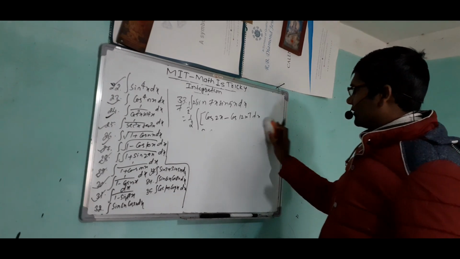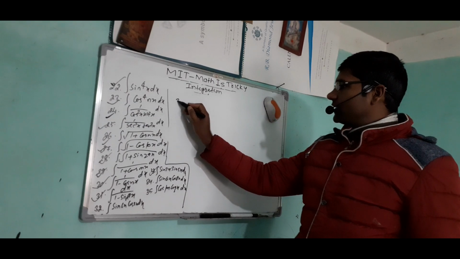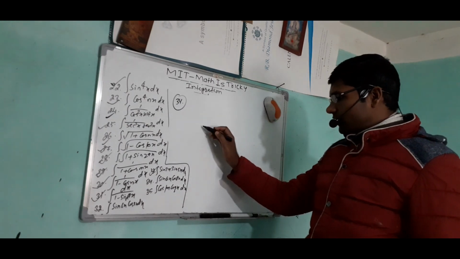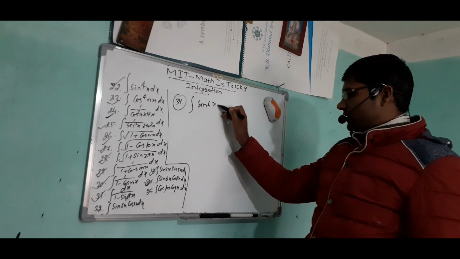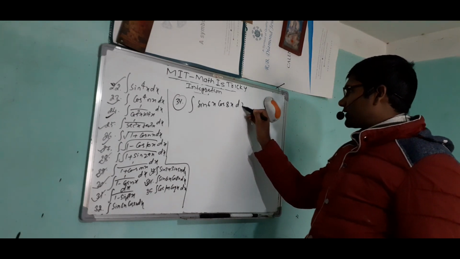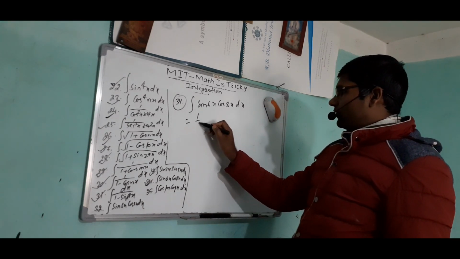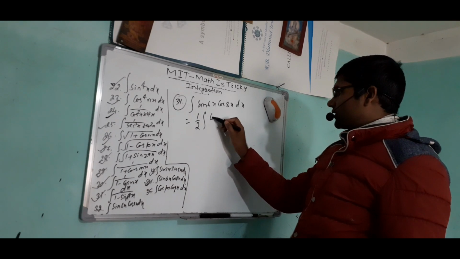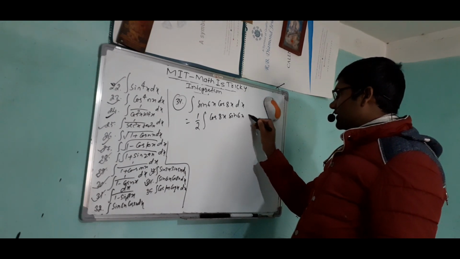34, second last for today. Question number 34: integration of sine 6x cos 8x dx. We can write it like this: 1 by 2 times 2 cos 8x sine 6x dx.